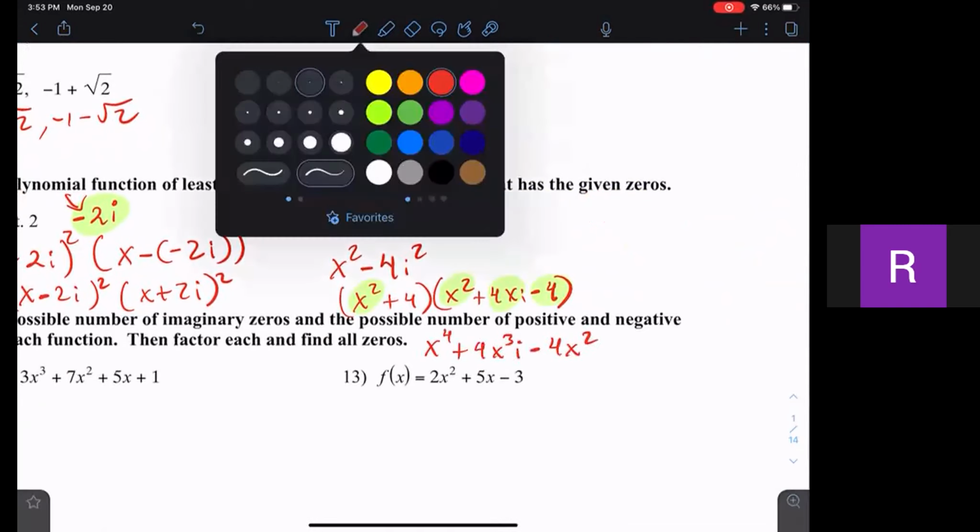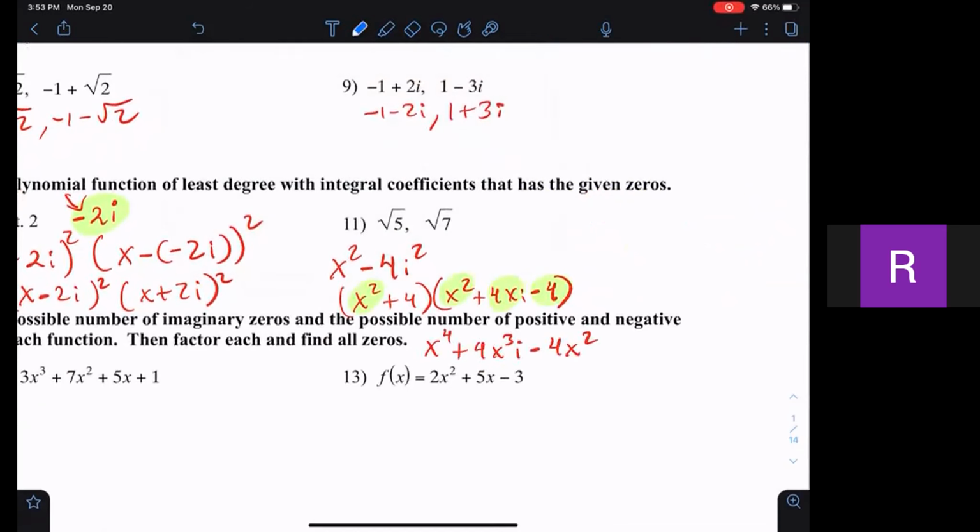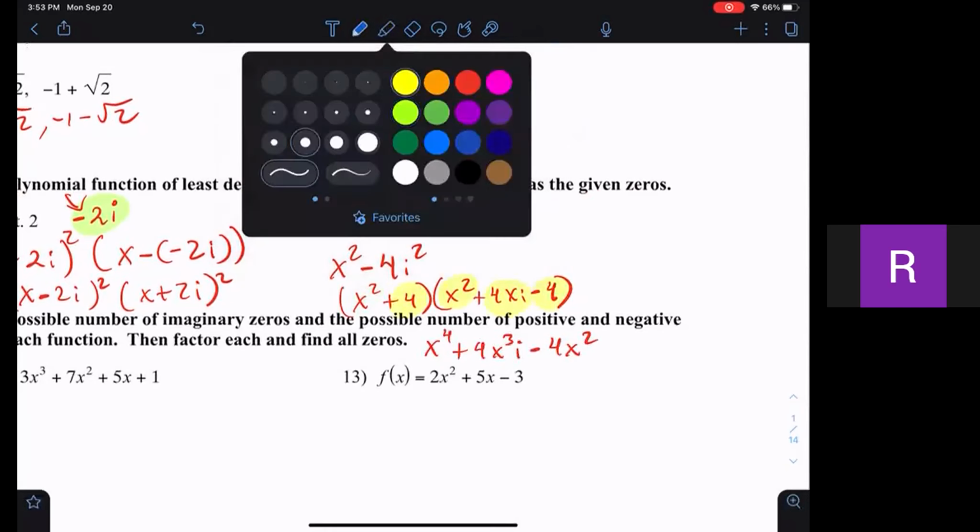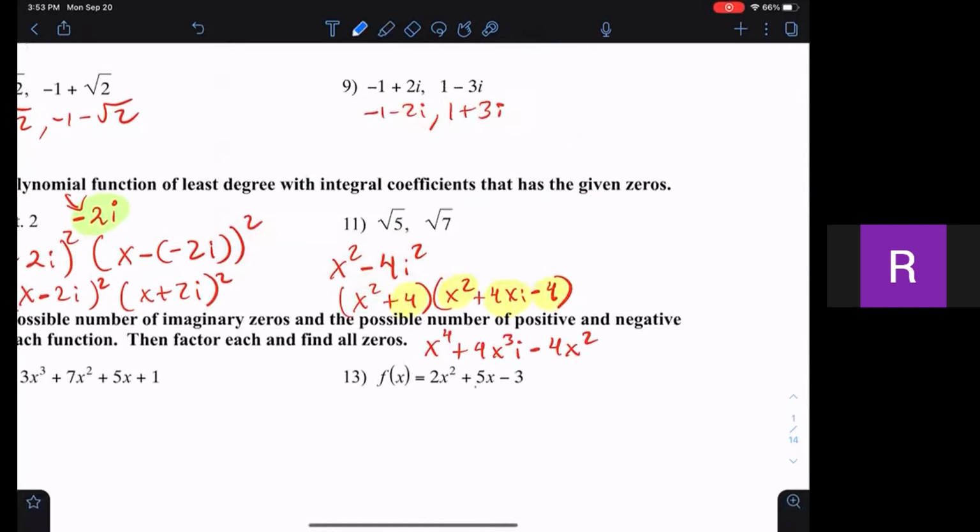And then for the other one, I have to do 4x squared, plus 16, plus 16xi and -16, right?